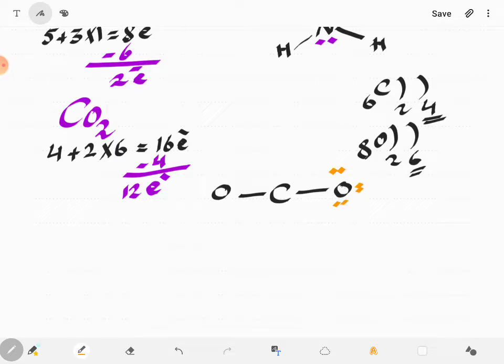Right now it has 8 already, 2, 4, 6, 8, so it's a full octet. For this other one, also 1, 2, 3, 4, 5, 6. So right now I've used all the electrons, 6 here and 6 here, so the 12 remaining are done.